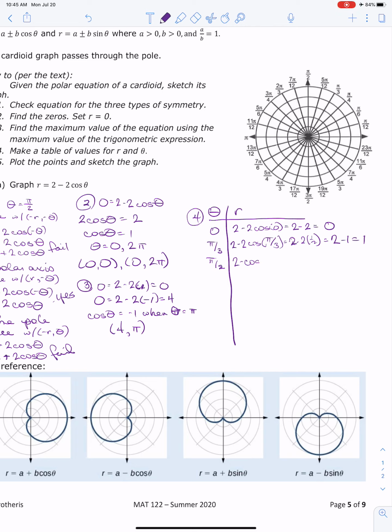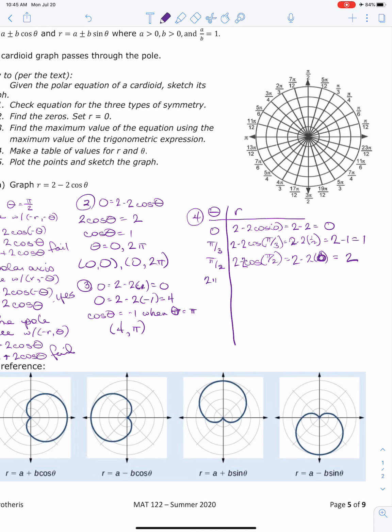I'm going to pick up pi over 2 because cosine there is 0. So I get 2 minus 2 times the cosine of pi over 2. 2 minus 2 times 0, which is 2.